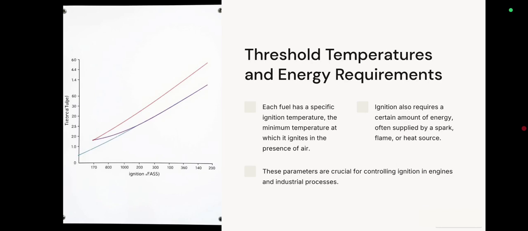Ignition also requires a certain amount of energy, often supplied by a spark, flame, or heat source. These parameters are crucial for controlling ignition in engines and industrial processes.